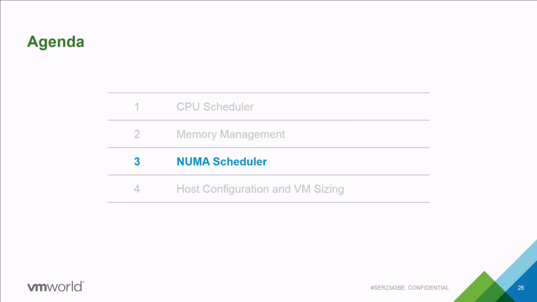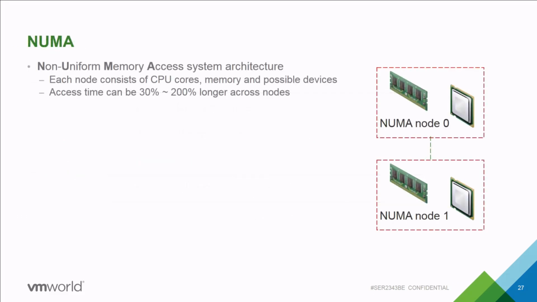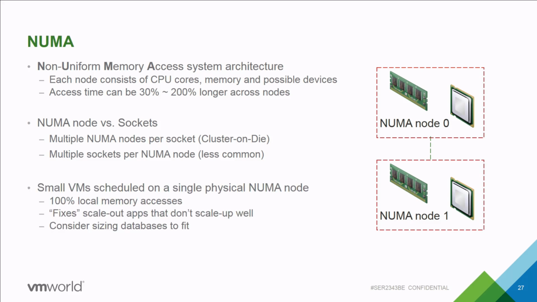Okay, so the next topic is the NUMA scheduler. With the introduction of the on-chip memory controller, typically all modern computer systems are NUMA systems. For a given system with multiple sockets, in most cases each socket is mapped to one NUMA node, but in some cases, because of cluster on die, even a socket can be split into multiple NUMA nodes.